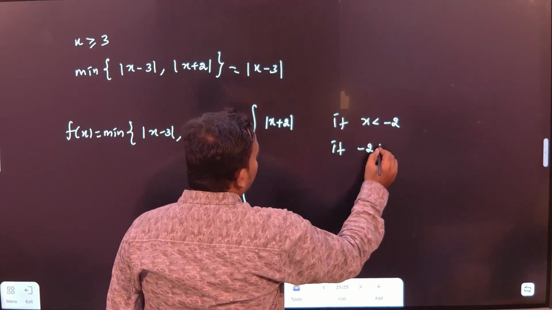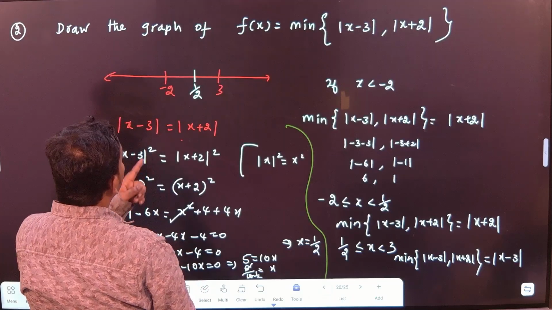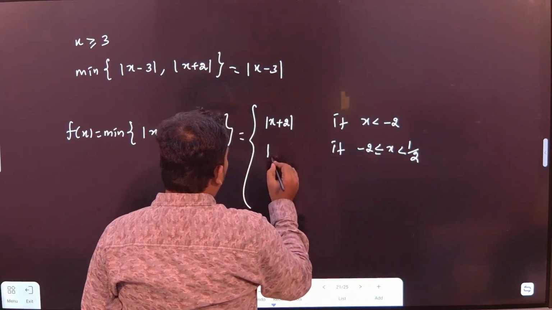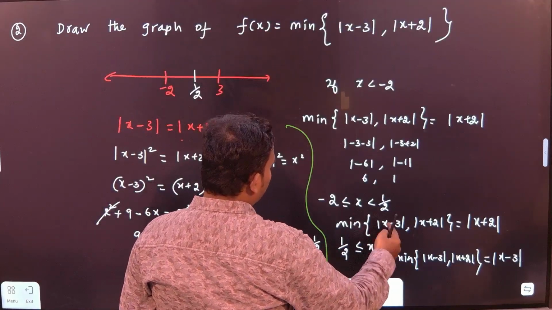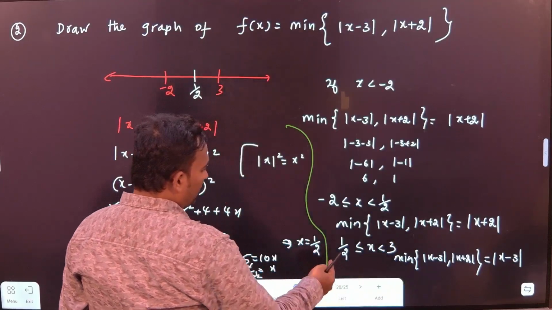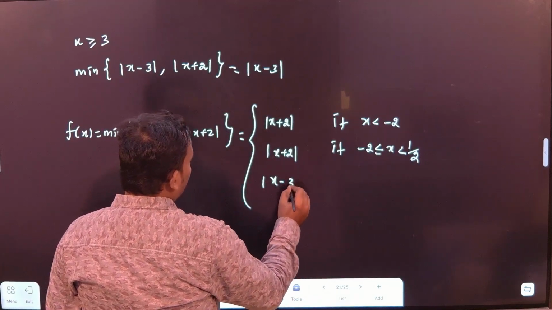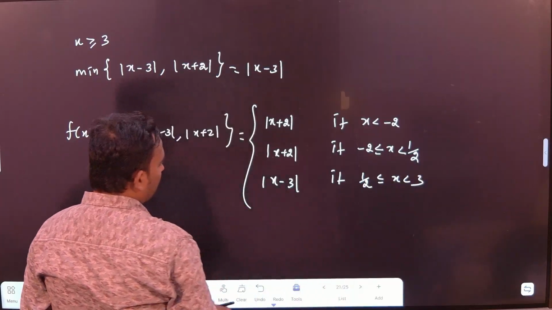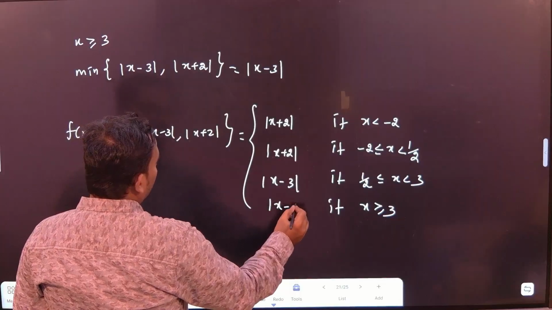If x is from -2 to 1 by 2, in this interval the minimum is again |x + 2| only. You check it once, you can take 0. So yes. If I take 1 by 2 to 3, then it is |x - 3|. If x is greater than or equal to 3, it is also |x - 3|.